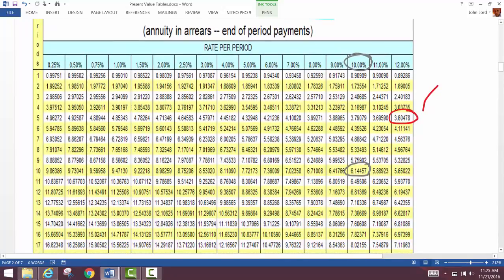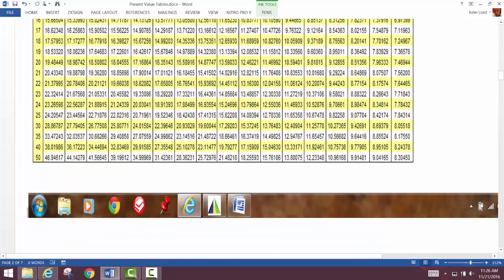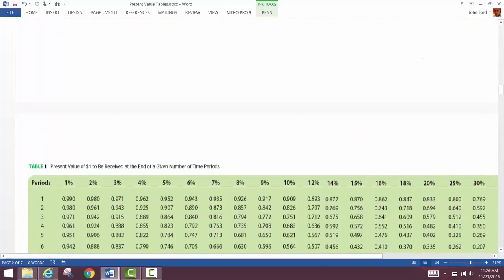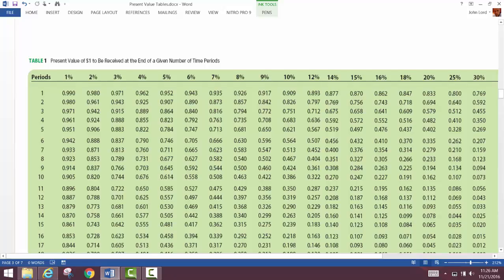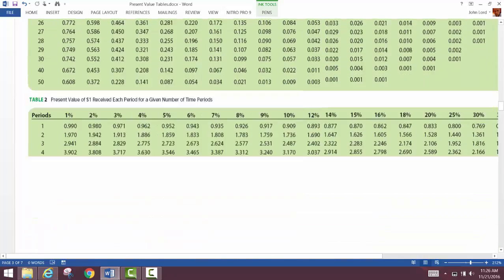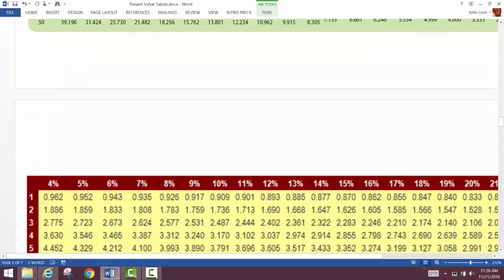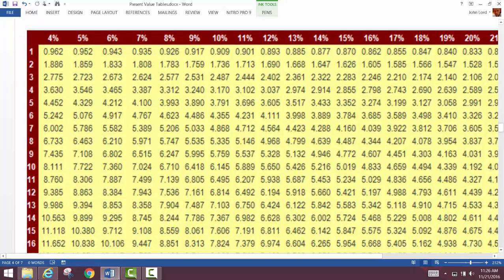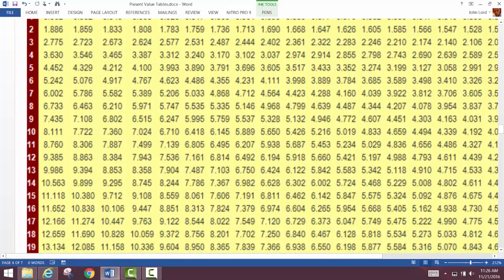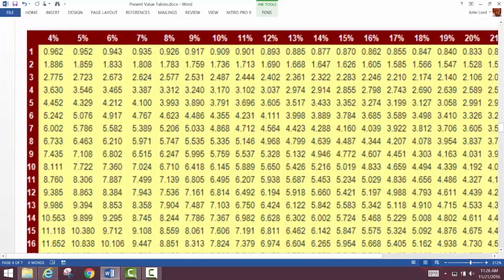How many years? 10 years on this. I start going down the table and I don't find it on this table, so I have to go to another table. And this is where the tables start driving me nuts. Who decides what percentages should be on these tables? I don't know. So I always have to look for a table that gives me what I want.